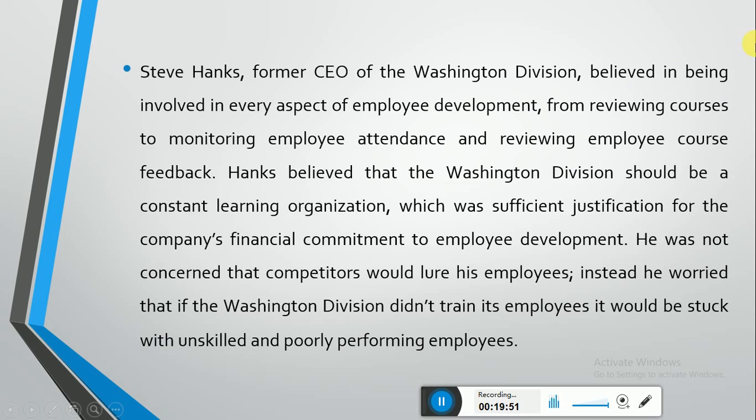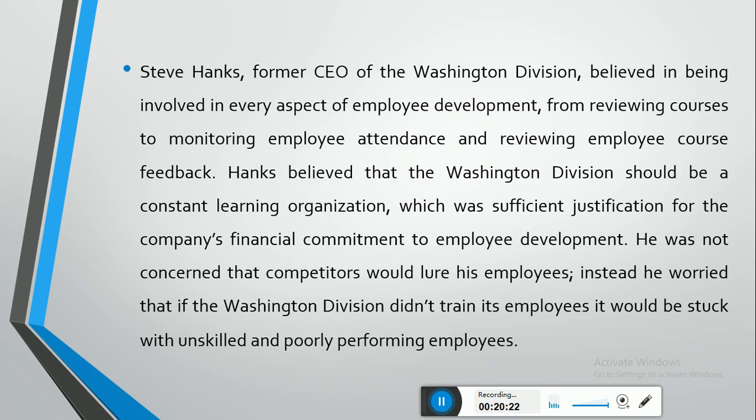Steve Hanks, former CEO of the Washington division, believed in being involved in every aspect of employee development, from reviewing courses to mentoring employees' attendance and reviewing employees' course feedback. Hanks believed that the Washington division should be a constant learning organization, which was sufficient justification for the company's financial commitment to employees' development.